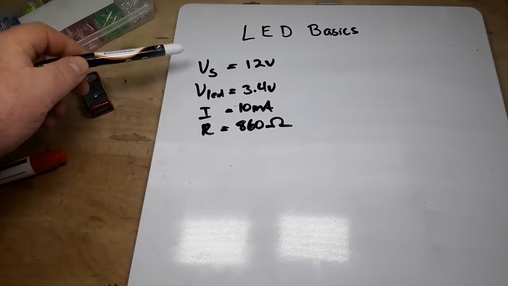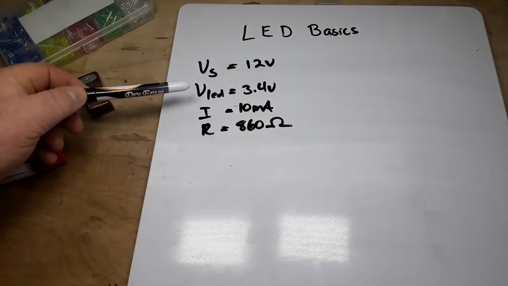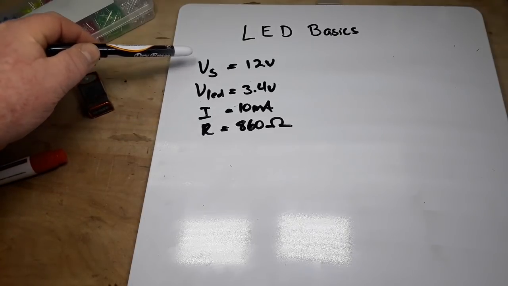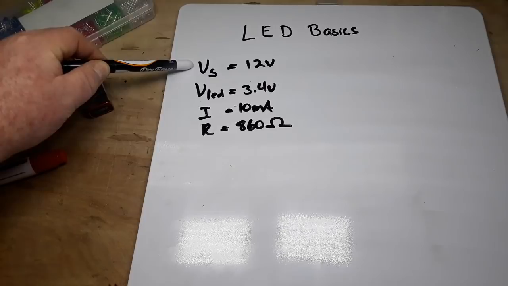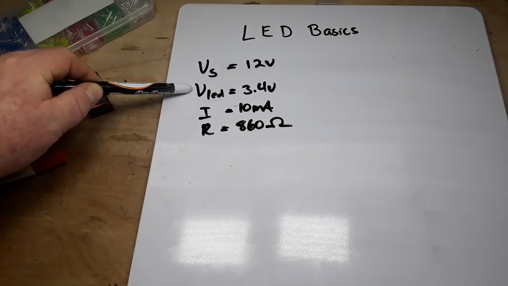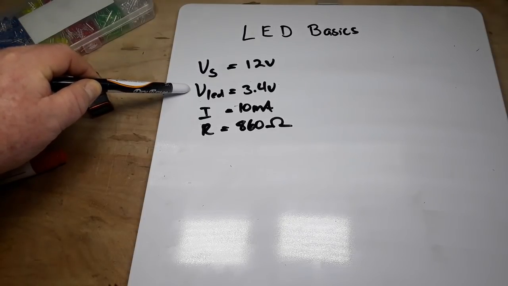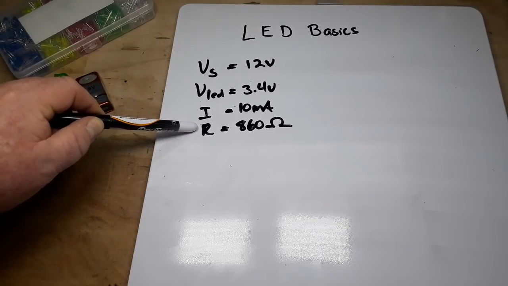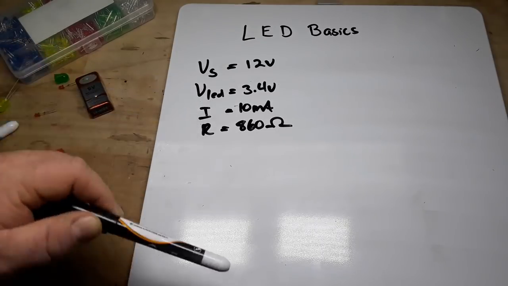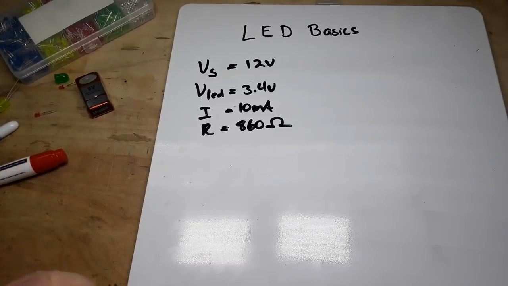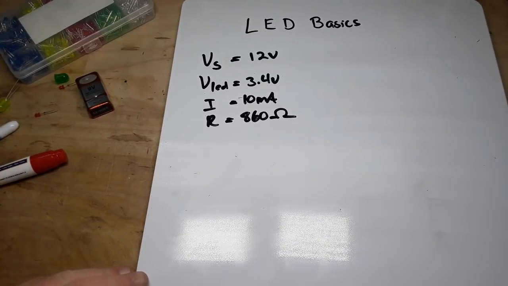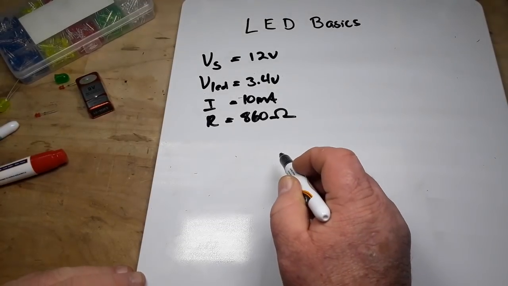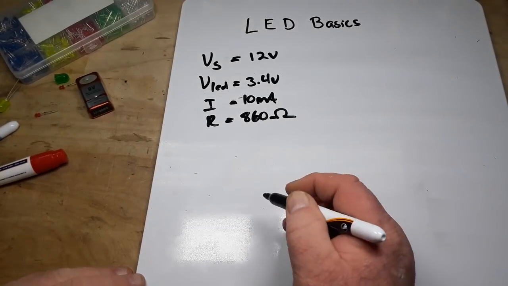So let me give you a little diagram and then we'll play with some real LEDs. Okay, so we're going to take the values that we used just a second ago. Our voltage at the source is 12 volts. Our forward voltage for the LED is 3.4 volts, a 10 milliamp current, and a resistance of 860 ohms. So those are our values. The first thing we have in our circuit could be a battery or anything.